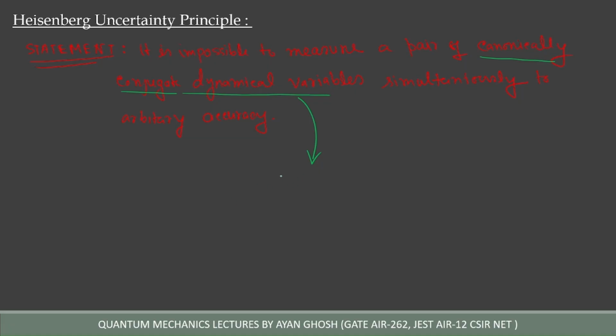Canonically conjugate variables are fundamental pairs of physical properties linked by Fourier transformation.